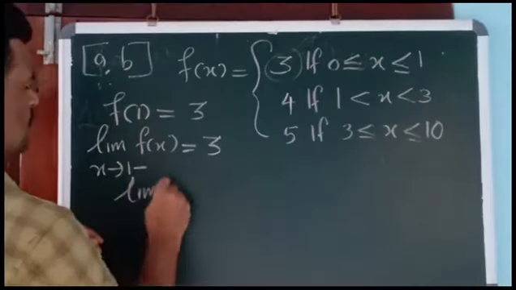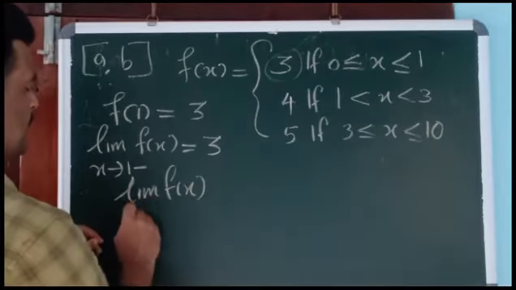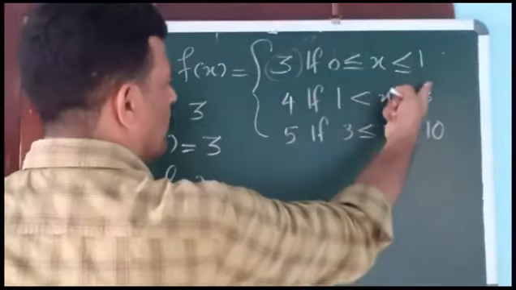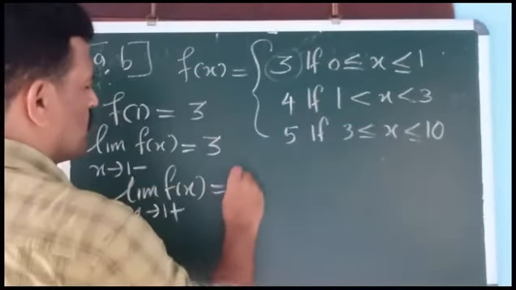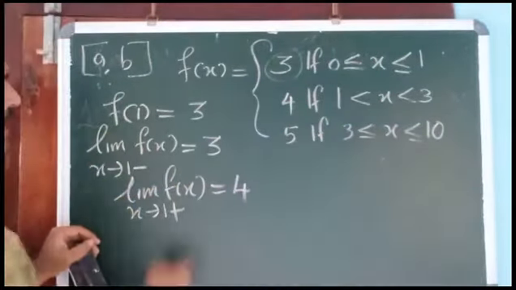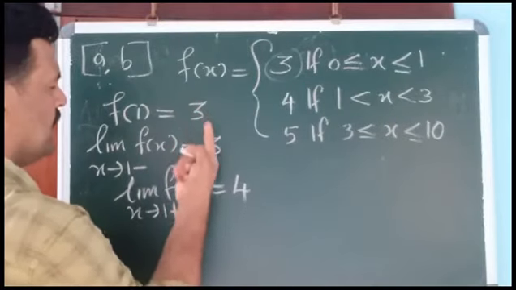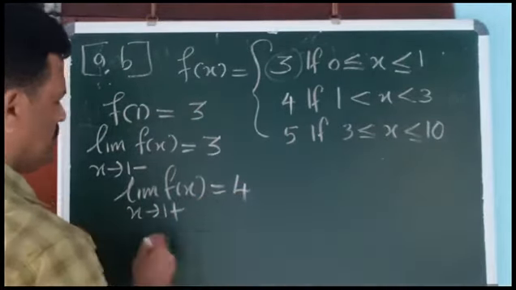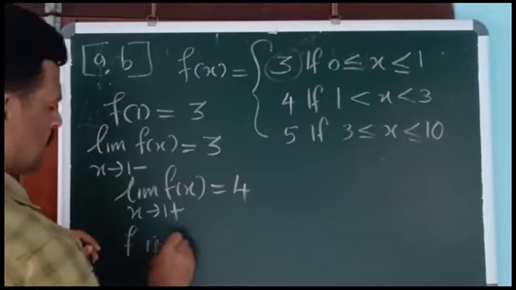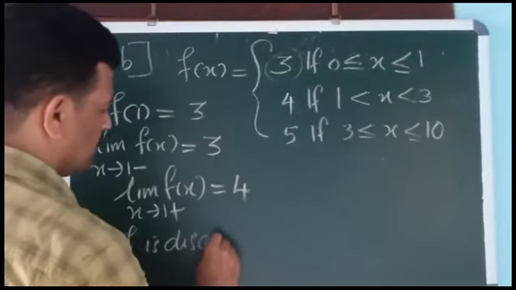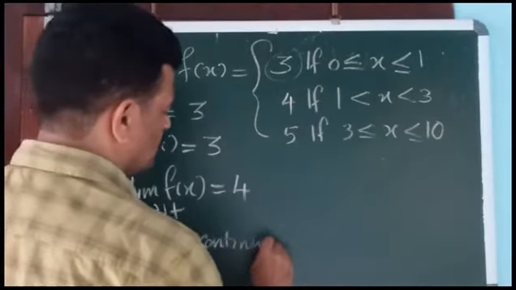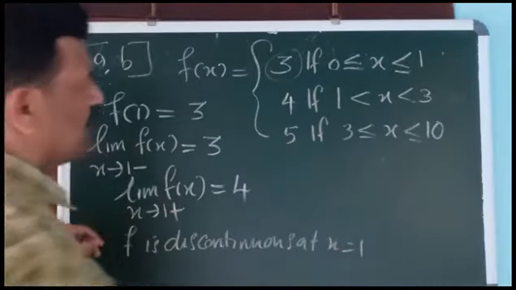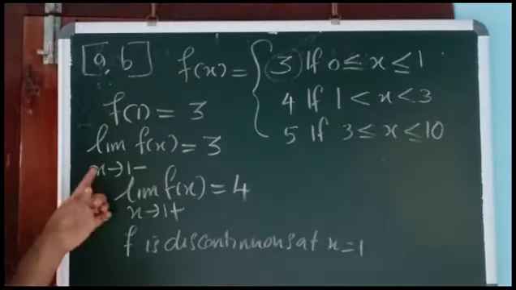Limit f of x as x tends to 1 plus, that is the right limit, x greater than 1 and tending to 1, that is 4. Here we can see that the value of the function is 3, the left limit is 3, the right limit is 4. They are not equal. Therefore, f is discontinuous at x equal to 1. So there is a point of discontinuity at 1.